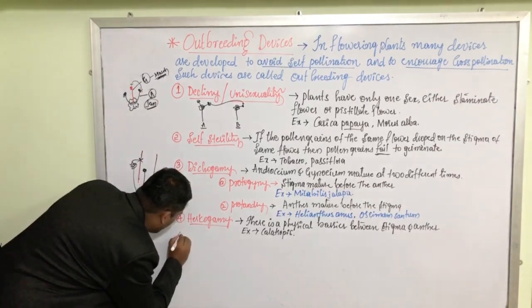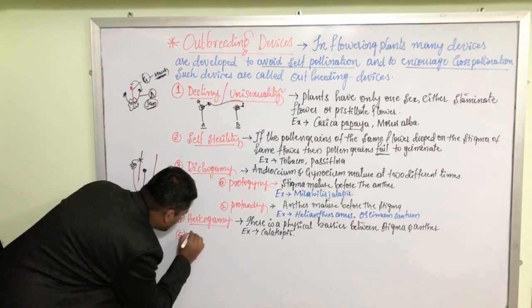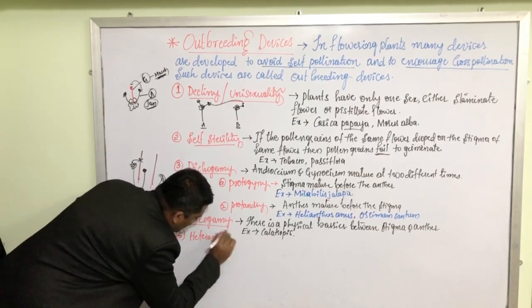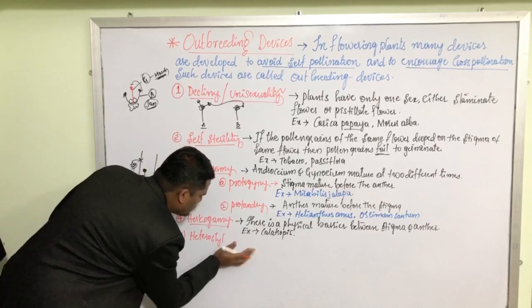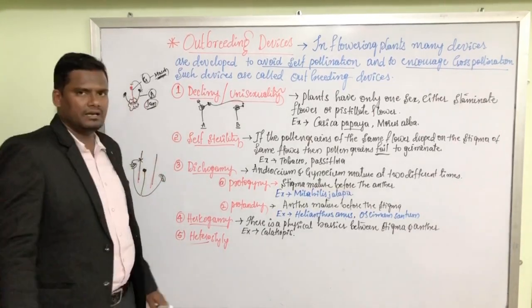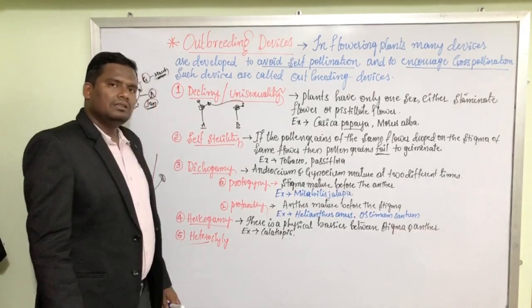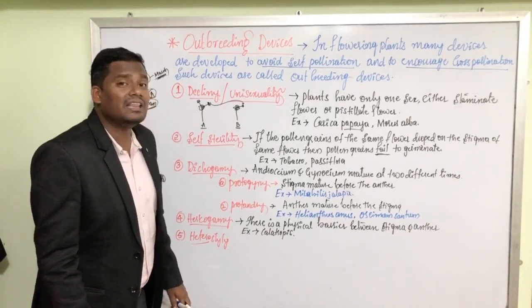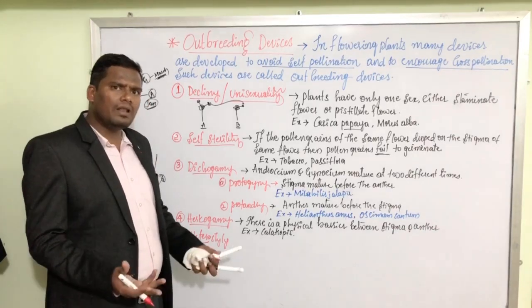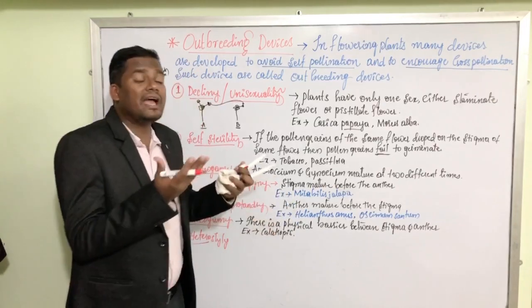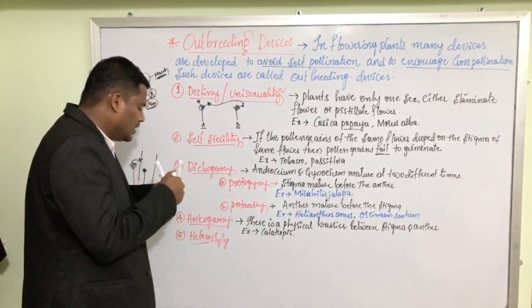Then the last outbreeding device is heterostyly. What do you mean by hetero? Hetero means different. If the length of the style is different from the length of the filament. Filament is present in the androecium and style is present in the gynoecium.